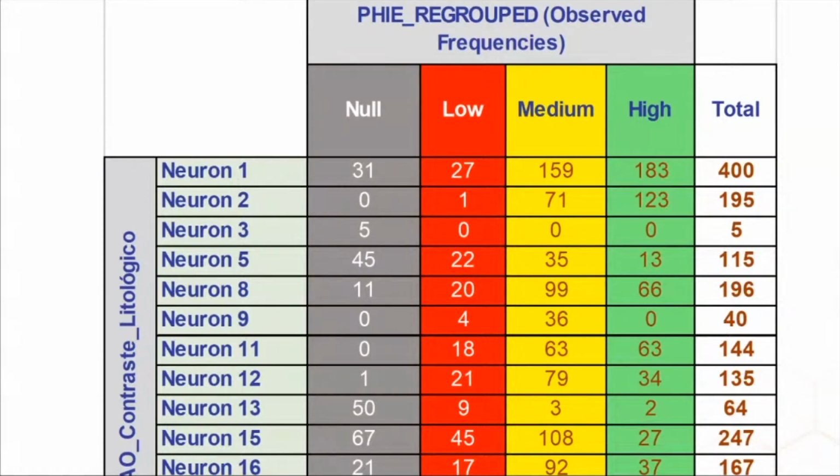The same behavior occurs with number two, and maybe you have the inverse or opposite trend with neuron 5. You have higher nulls and low counts.